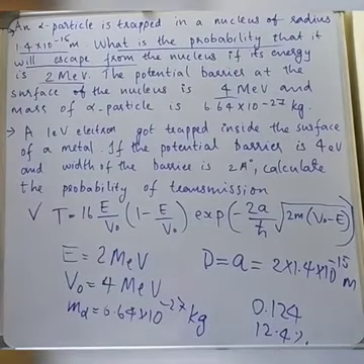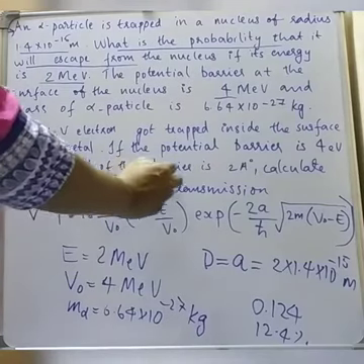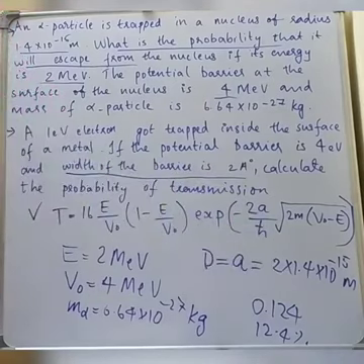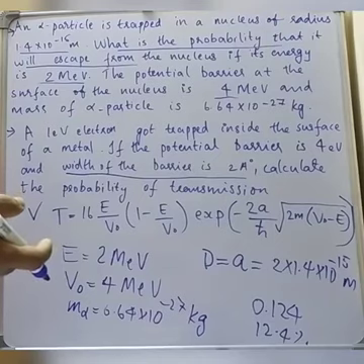Similarly, for the second problem also, all the values are given. Here it is mentioned that the width of the barrier is 2 angstrom. So we need not take twice the given value, because width is directly given. So A is directly given as 2 angstrom. Again we can substitute it directly.